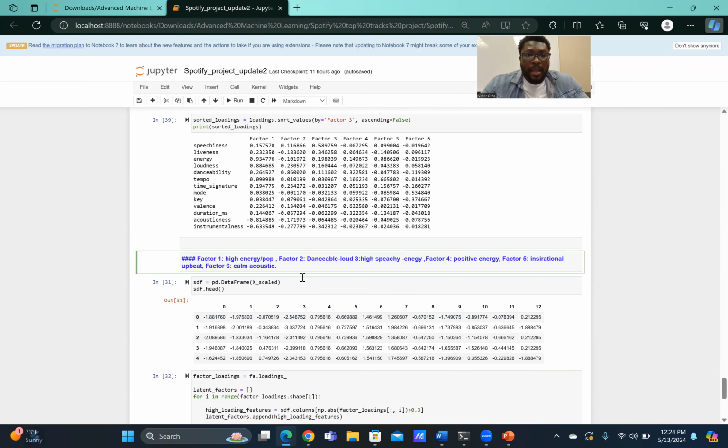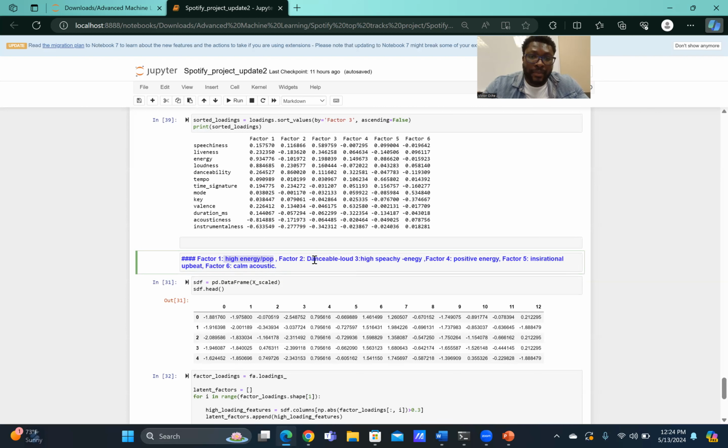So after you get all of these factors, this is how we do feature engineering. Instead of having each particular feature, I have a combination of features in each factor, and each combination of features represents a new feature.